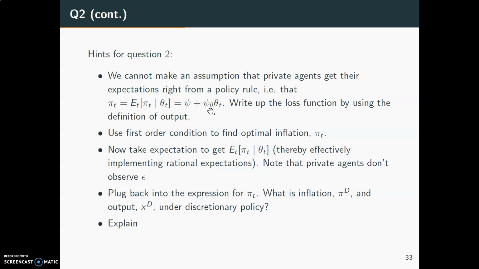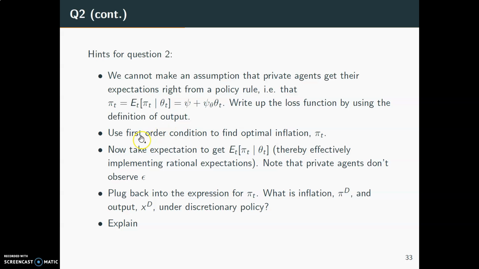So what you should do now is that you should simply write up the loss function by using just the definition of output. So before we could plug this policy rule into the expression for inflation and expected inflation, we can't do that anymore. So we just write up the loss function by plugging in the definition of x_t.